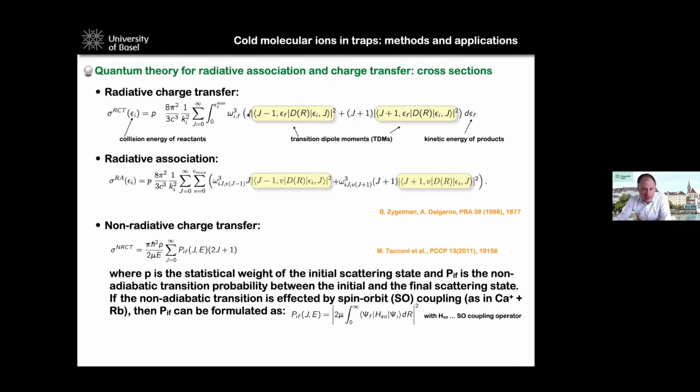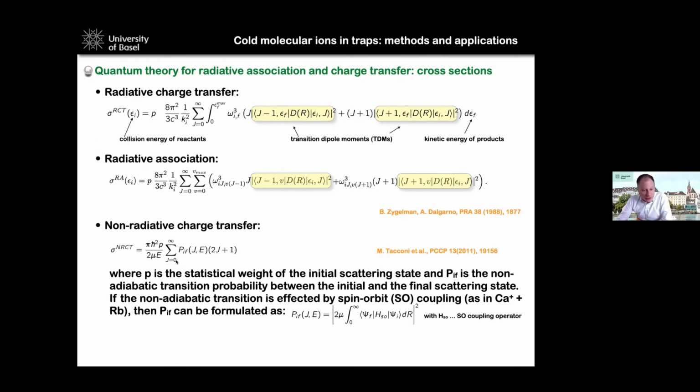But then we also have the transition dipole moment matrix elements. This is essentially the dipole moment matrix element for the optical transition between the initial state and the final state. Remember, these are radiative processes. And for radiative association, we have analogous expressions. But the important point is that these transition dipole moments play a role here.